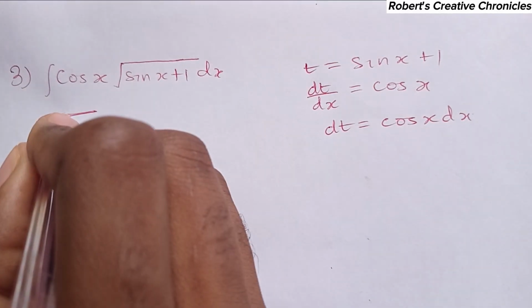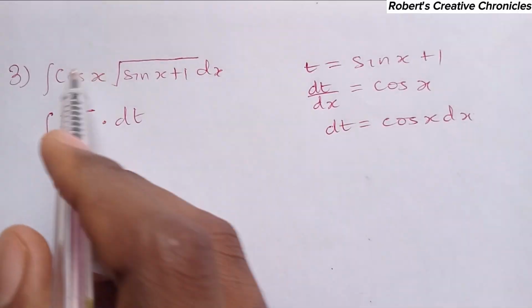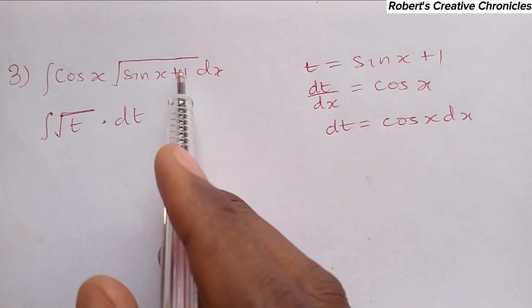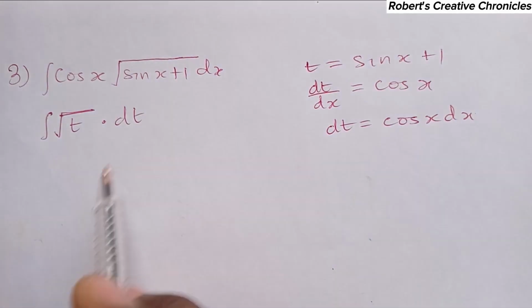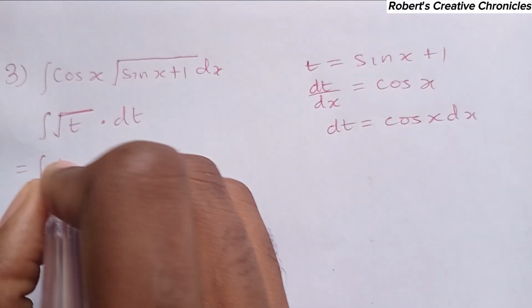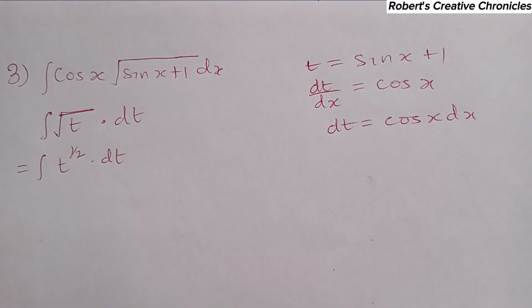So now it will be root of t times dt, since dt is cos x dx, and sine x plus 1 is t. So root of t. So now this becomes t raised to the power of half dt.